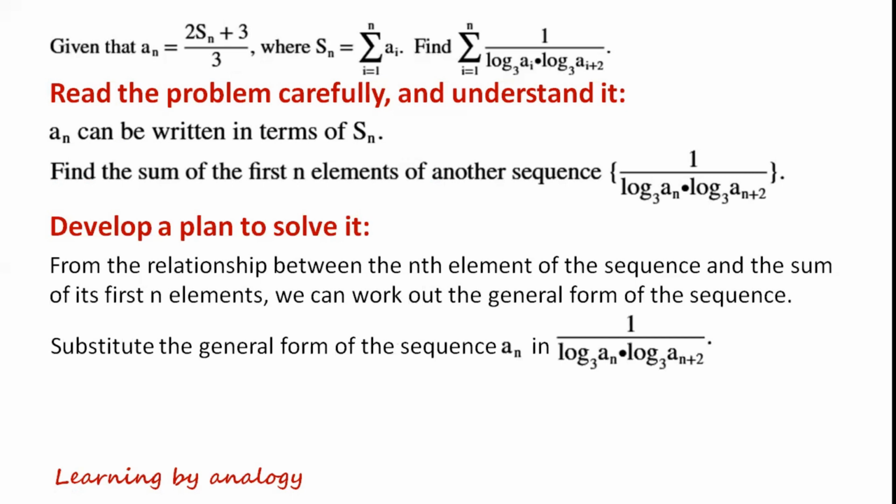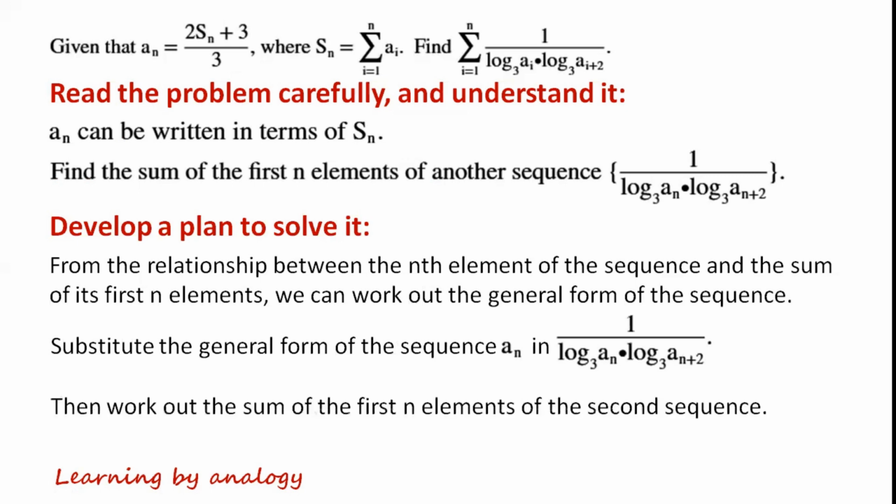Substitute the general form of the sequence an in 1 over log to the base 3 of an times log to the base 3 of an plus 2. Then work out the sum of the first n elements of the second sequence.